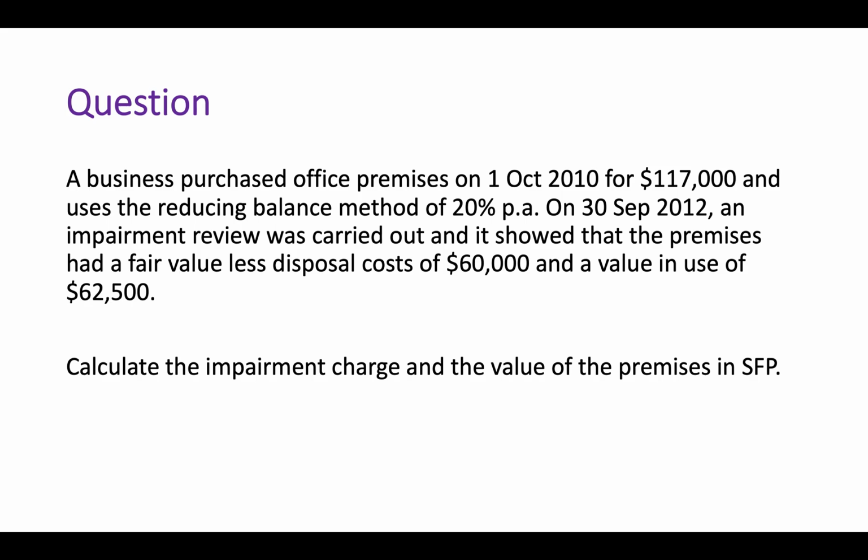On the 30th of September 2012, an impairment review was carried out and it showed that the premises had a fair value less disposal cost of $60,000 and a value in use of $62,500. Calculate the impairment charge and the value of the premises in the SFP.